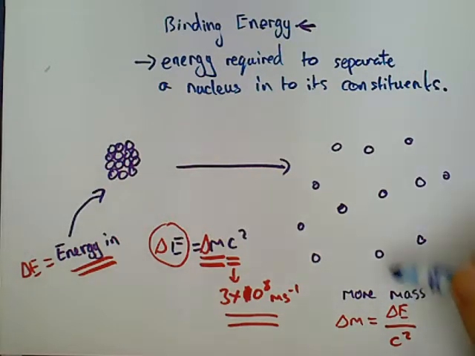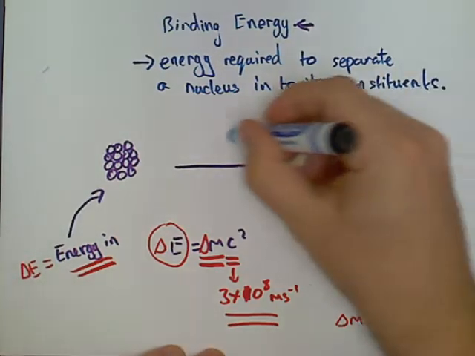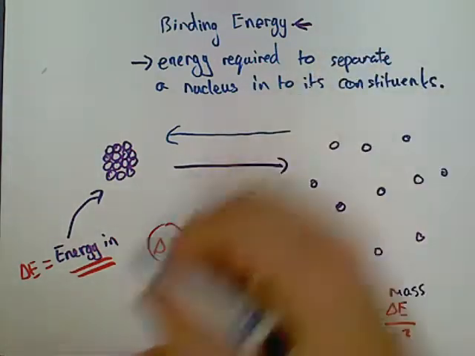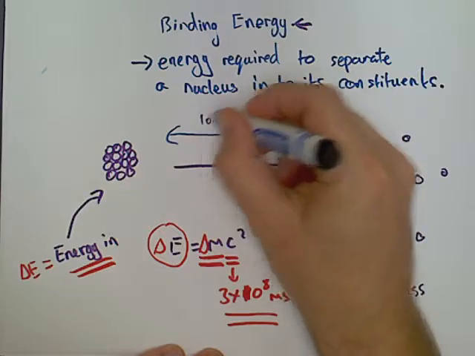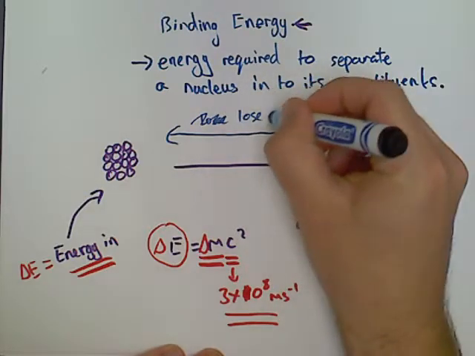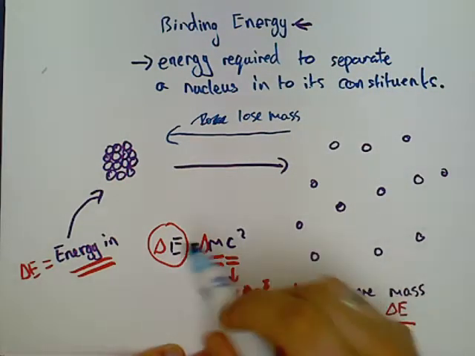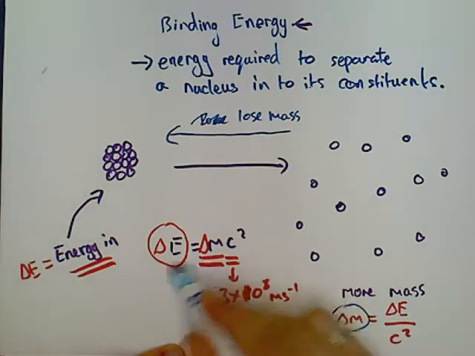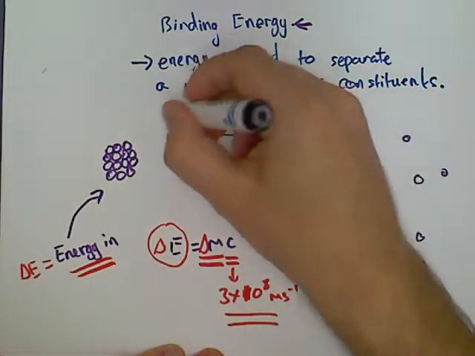If we were to take all these constituents together and force them together, then effectively they would lose mass, and as a result, that loss in mass would give an amount of energy that would be given off in this circumstance.